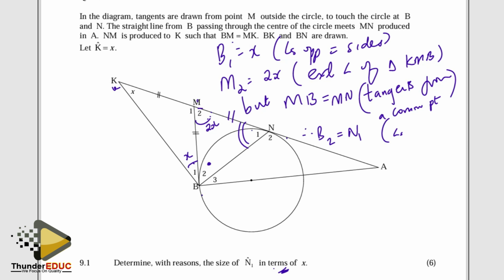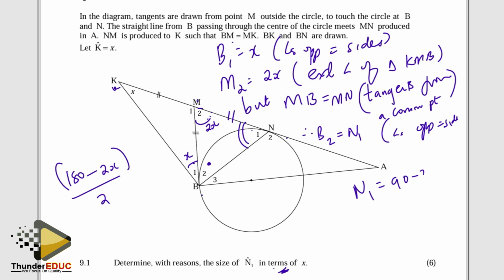It will still be angles opposite equal sides. Then I'll get my 180 minus 2x divided by 2, which means N1 is just 90 minus x. That is my understanding of this question.